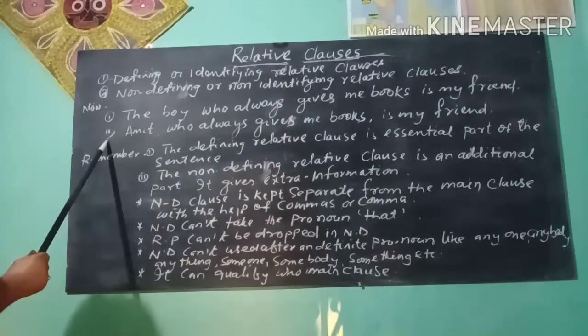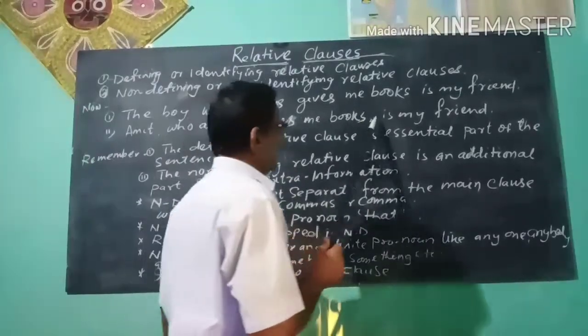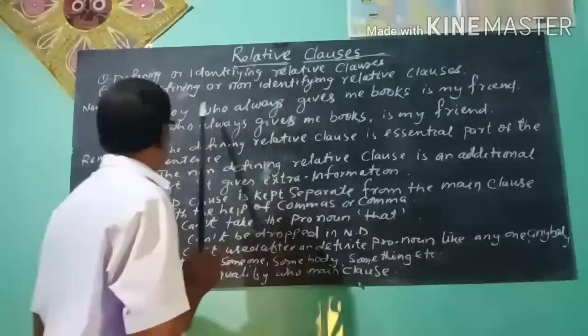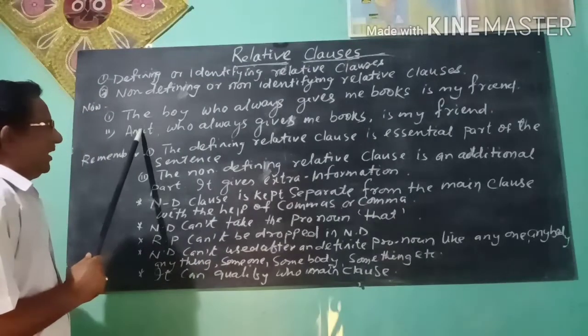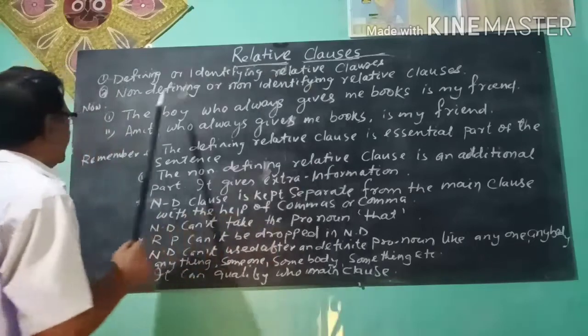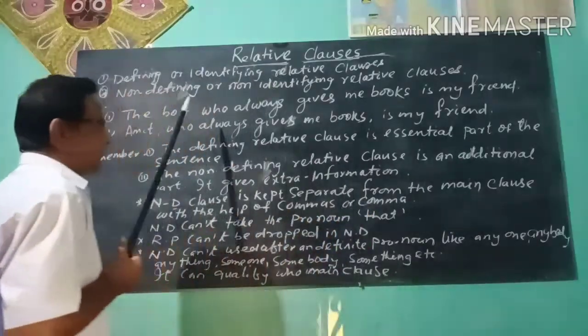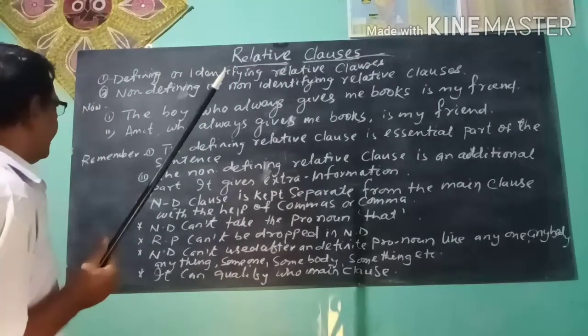In the second sentence, Amit, who always gives me books, is my friend. Who always gives me books, relative clause. Amit is my friend, main clause.